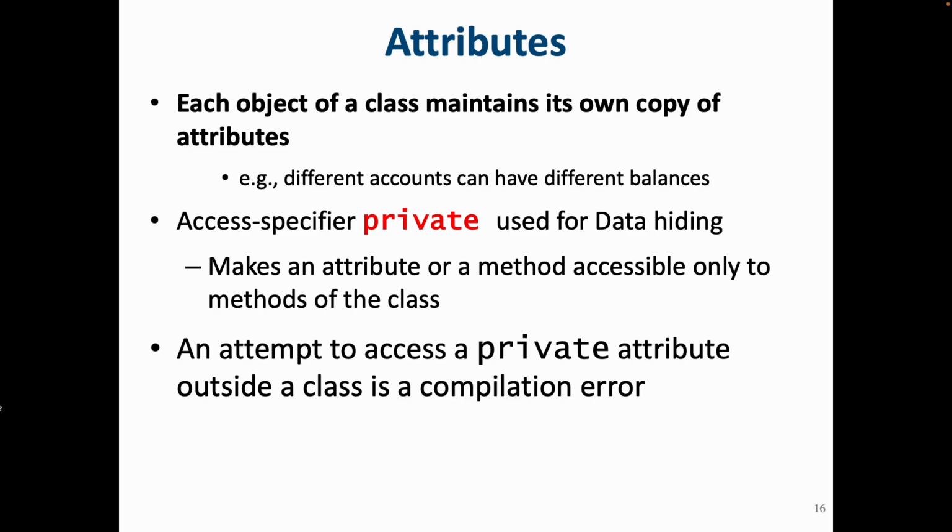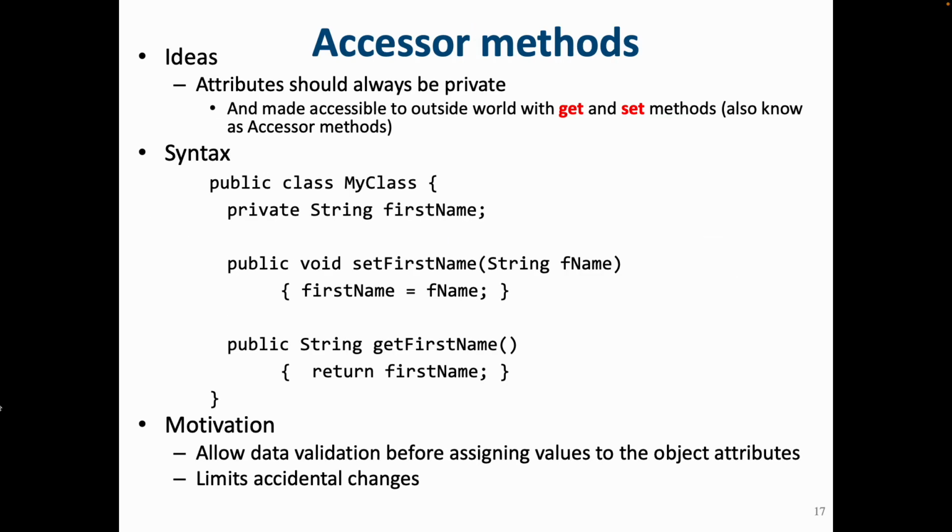For most of the attributes, we make them private, which means that I can use those private attributes within the class, in other functions of that class, but I cannot access them in other classes.